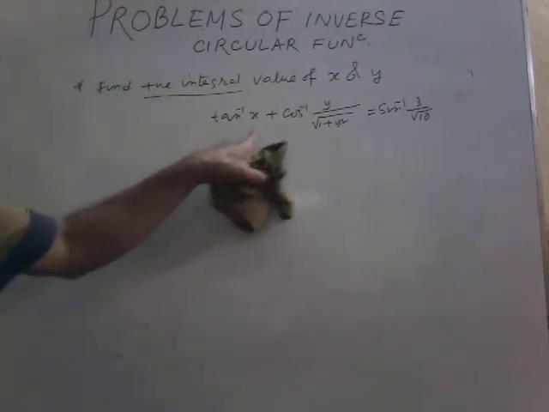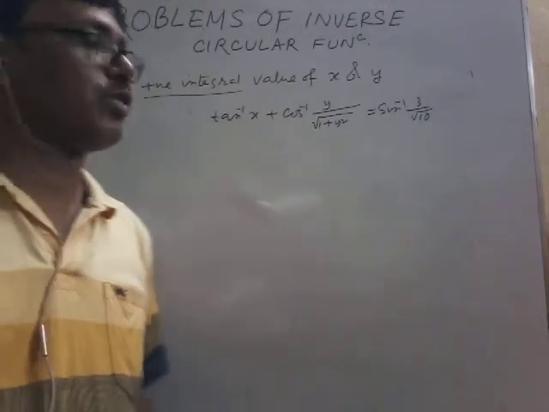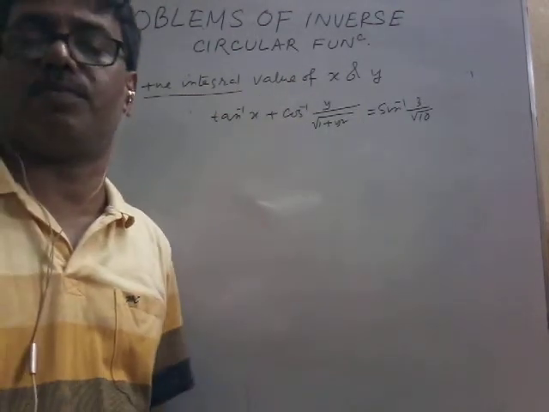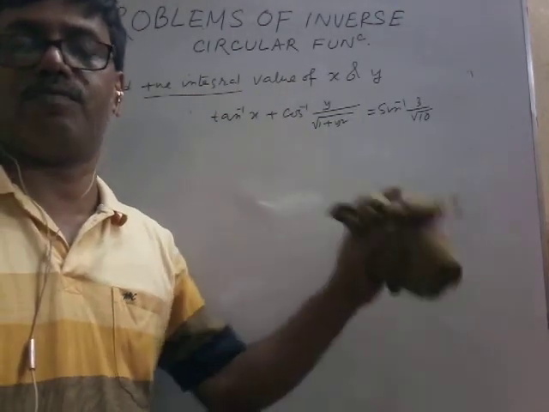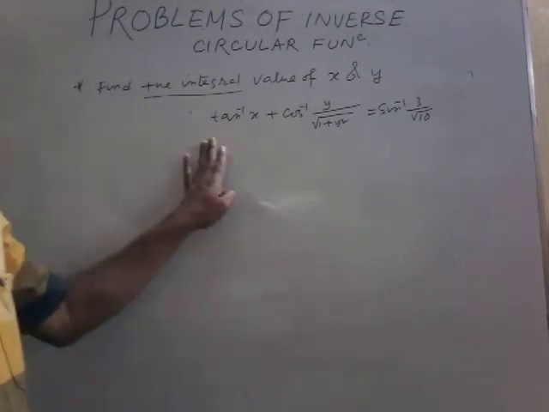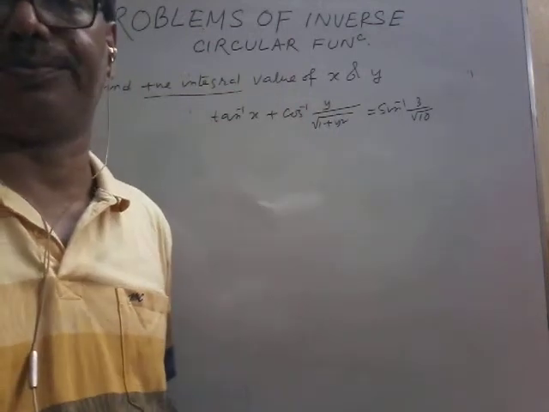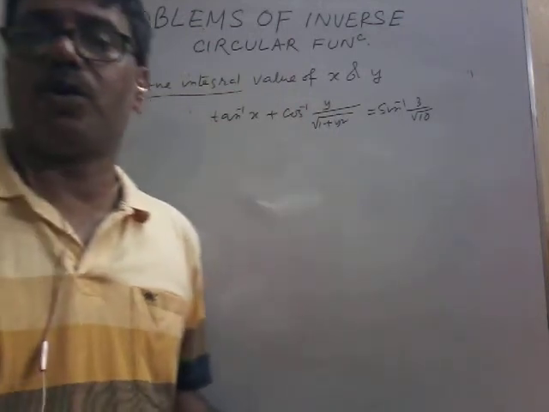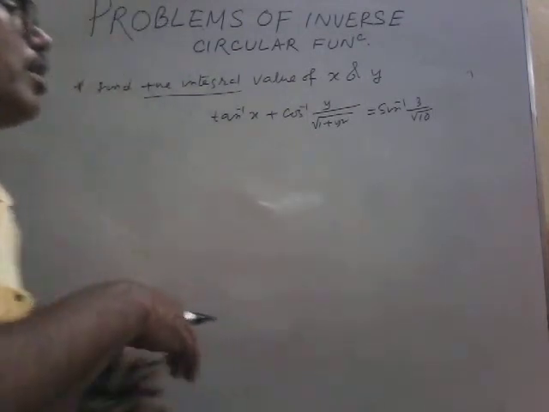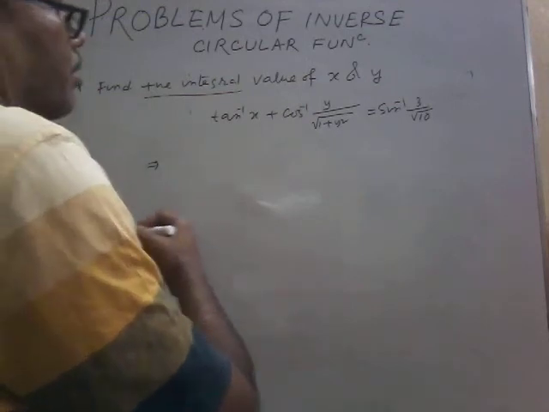One is tan inverse, this is cos inverse, this is sin inverse. So our main aim will be to express it in terms of the same inverse circular function. You can transfer it in terms of sin, in terms of cos, in terms of tan also. But you know the formula of tan inverse is simple. So we try to express it in terms of tan inverse.